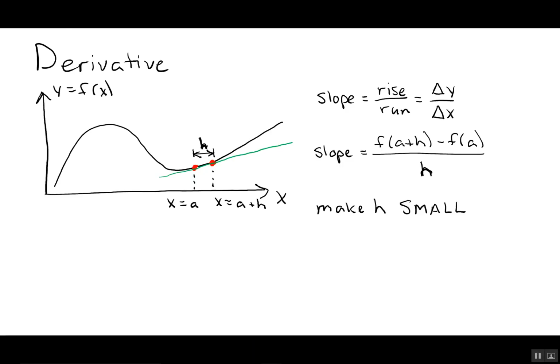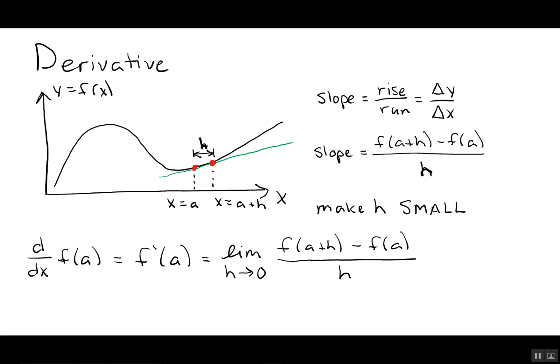So to find a really good estimate of the slope of the black line, the function we're interested in at the point x equals a, using these 2 red dots, in practice we've got to make the distance between those 2 points, h, as small as possible. And making h as small as possible is saying let's make h as close to 0 as we possibly can. And that is what you're doing when you take the derivative. That is the essence of the mathematical operation called the derivative.